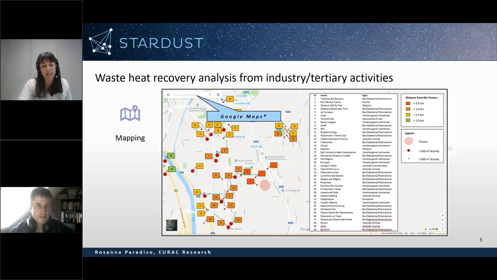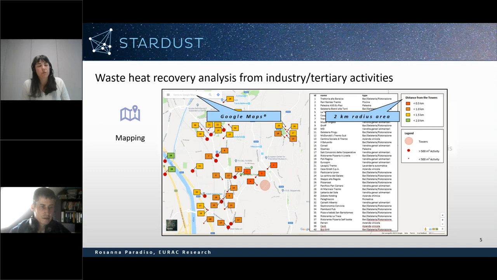The first step was the mapping of the activities. We basically used Google Maps just to have a look at which activities were in the area. We concentrated on a 2 kilometer radius around the towers.